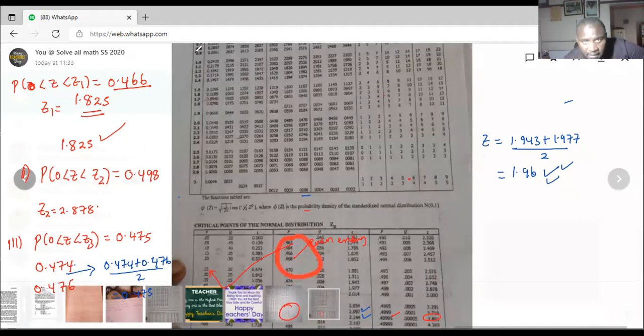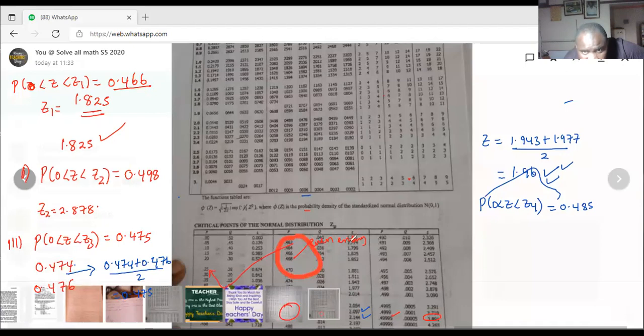Probability of 0 less than Z4 is equal to 0.485. Okay.